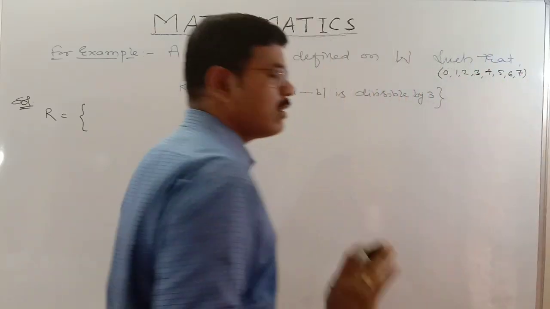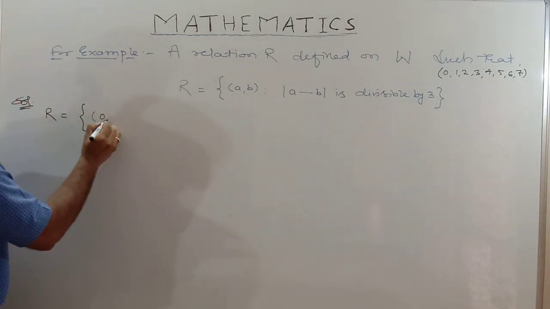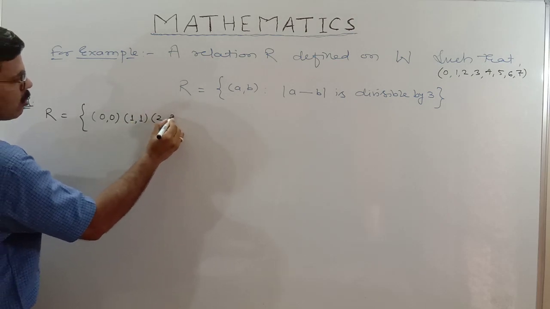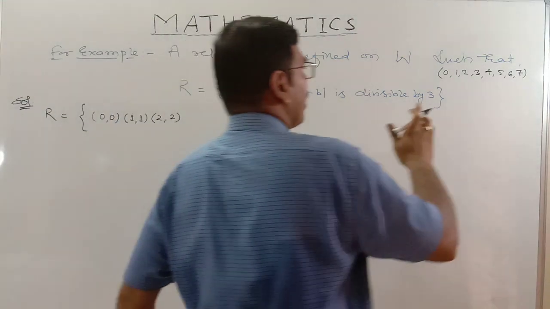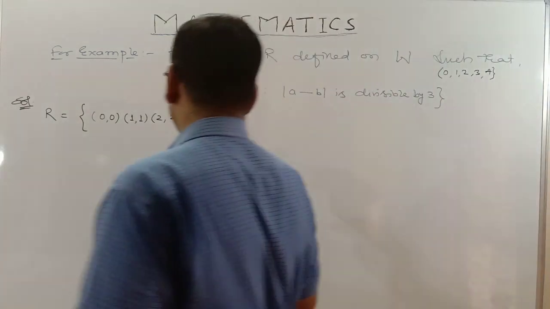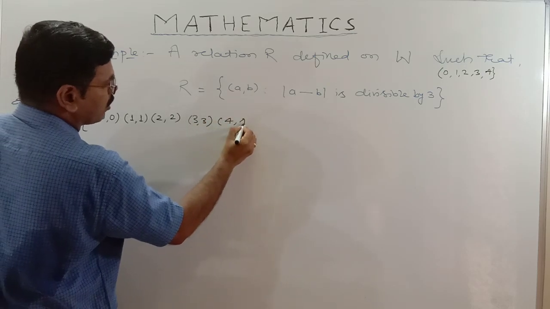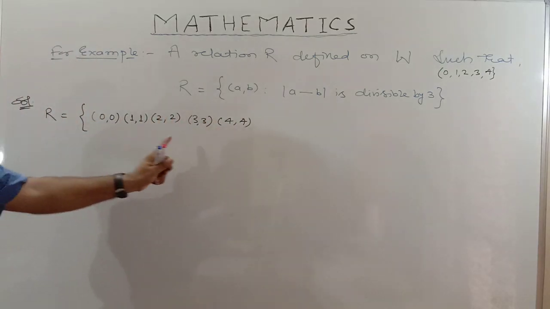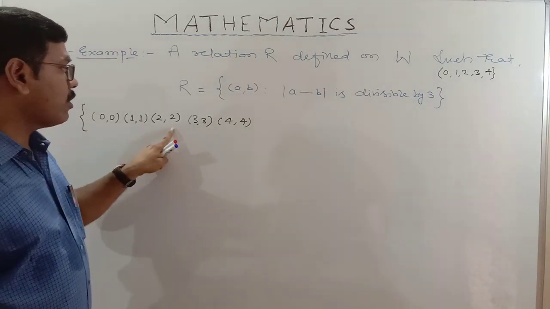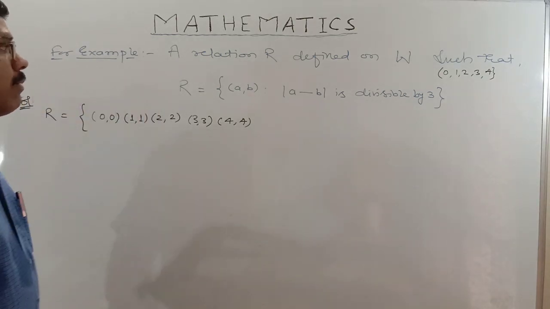So (0,0) yes, (1,1) yes, (2,2) yes, (3,3) yes, and (4,4) yes. These are elements of R definitely, because 0 minus 0, 1 minus 1, 2 minus 2, 3 minus 3, 4 minus 4 will be 0, and 0 is divisible by 3.